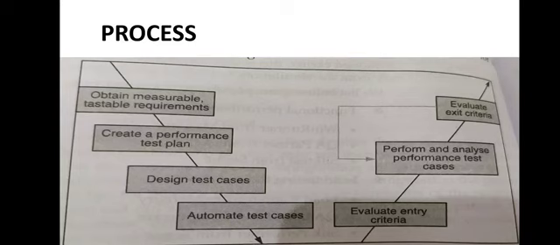That means after the results are there, we will pick up the things that are related to our performance, because there may be some points that we are not including in our performance testing. So finally we will perform and analyze performance test cases. You can see at your right side, and after that we will select our exit criteria. That means we have to stop here. Okay, so the entry and exit criteria are very much important.